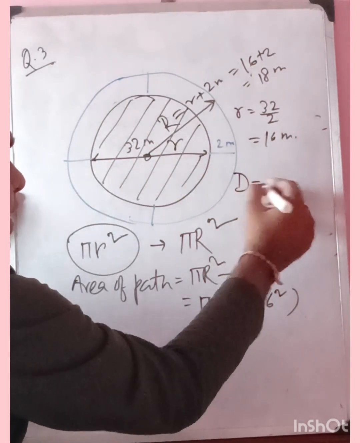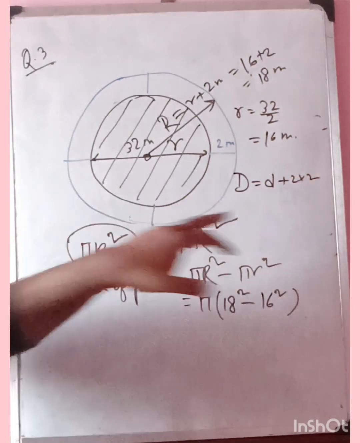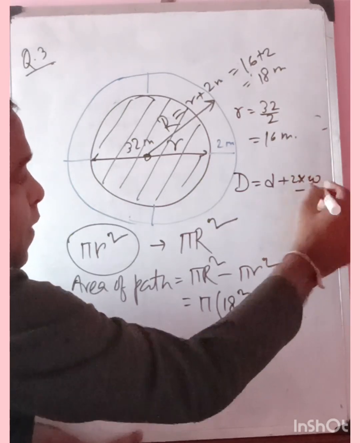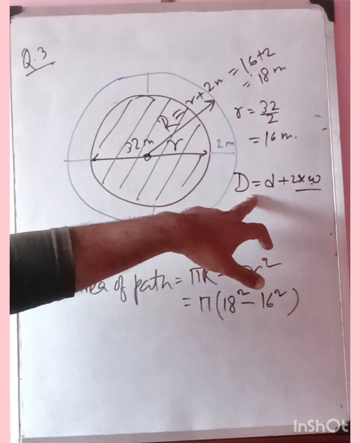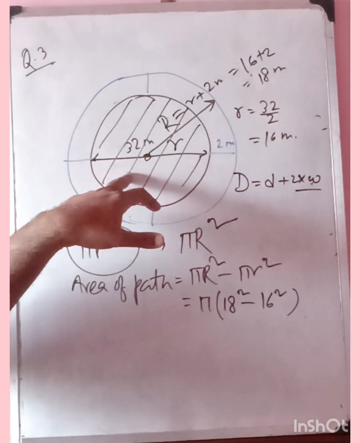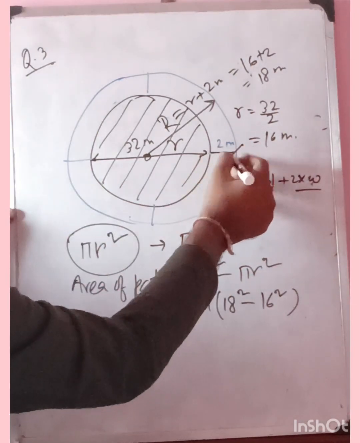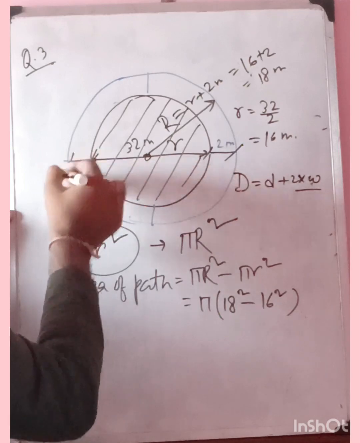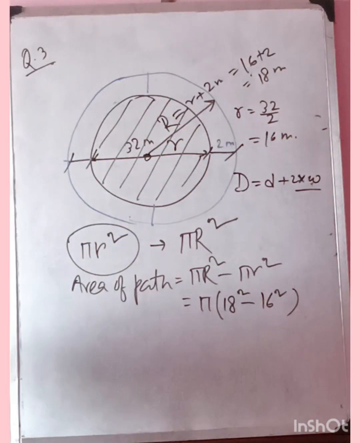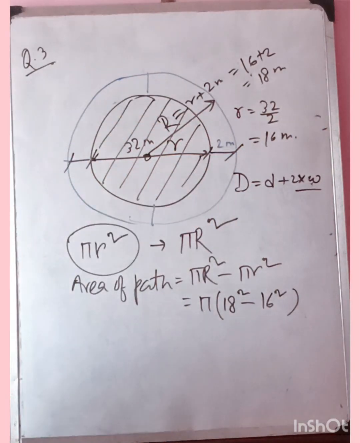So capital D is small d plus 2 into 2. Got it? 2 into width, I can say. Be very careful. In case of determining the diameter, you have to add twice the width, because one width is here, another is here. But in case of radius, this is only small r plus the width of the road.